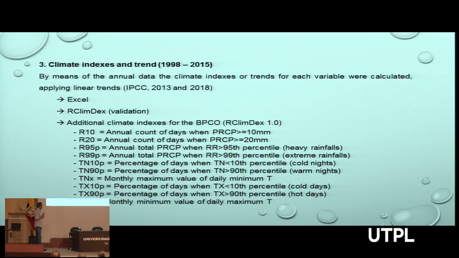R10, for example, is precipitation in 1 day over 10 millimeters, R20 over 20 millimeters a day. Percentile 95 is heavy rainfall, or extreme rainfall, the percentile 99. And then some additional temperature indexes with cold nights, warm nights, cold days, hot days, and minimum temperatures.